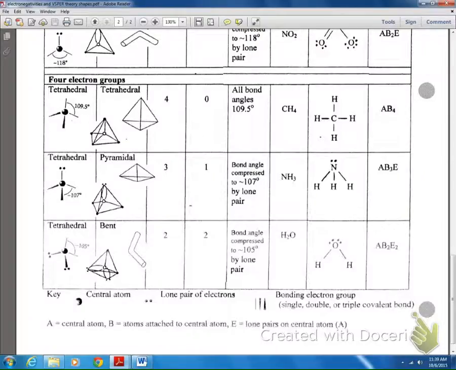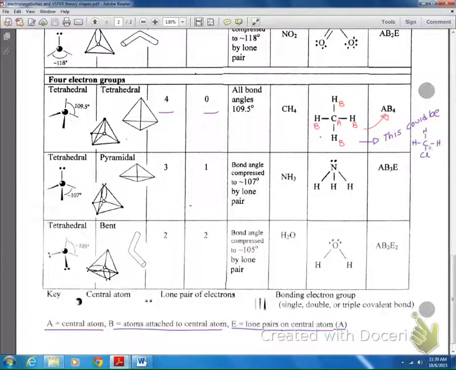Now let's move on to 4 things around the central atom. So first off, we have 4 things bonded to the central atom and no lone pairs. So here's an example. It could be AB4. There's our example. And real quick, there's where, hopefully you saw it before, where my variables are, that I have them labeled. AB4 could also be, like I was saying before, those atoms bonded to the central atom do not necessarily need to be the same.